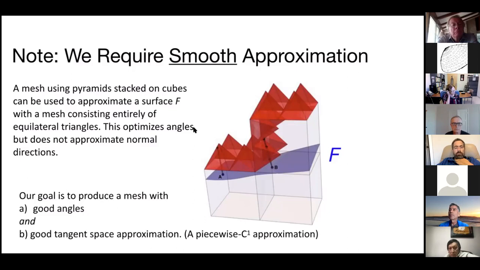He used it for some triangular approximation schemes, although he wasn't so concerned about meshes. But this does not give a very good approximation from the point of view of the applications we're looking for. We want a C1 approximation algorithm. One way to think about it is we can require that the vertices of these approximating triangles lie on the surface. So this one would not be a good approximation.